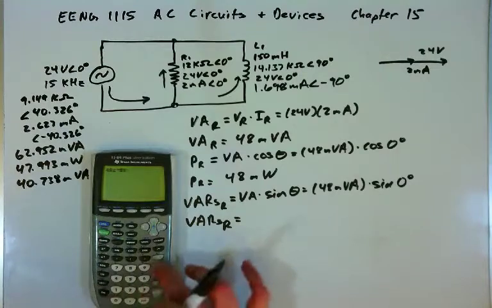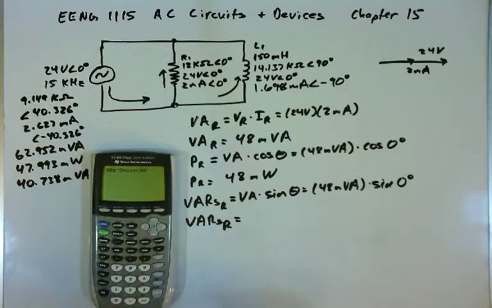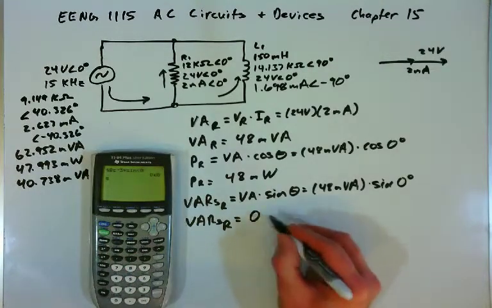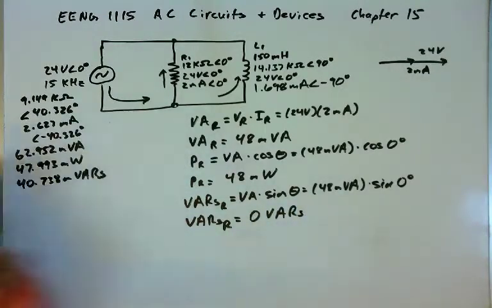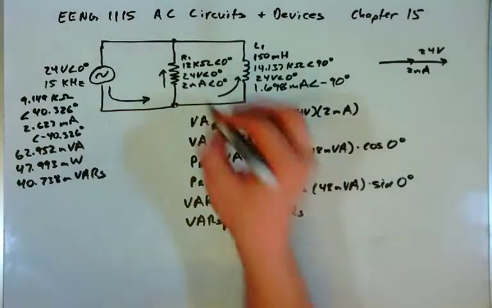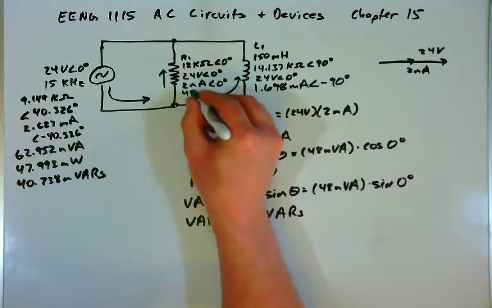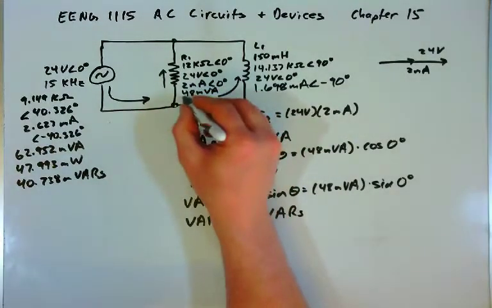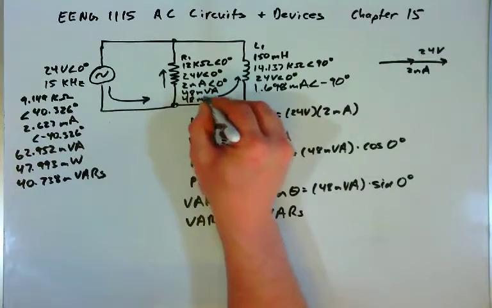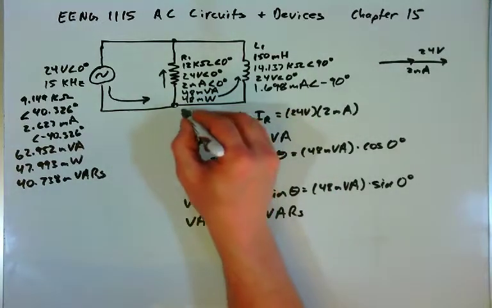We have 48 milli, multiplied by the sine of 0, and we get 0 VARs. I'll try to fit these answers in here. We have 48 millivolt amps, 48 milliwatts, and 0 VARs.